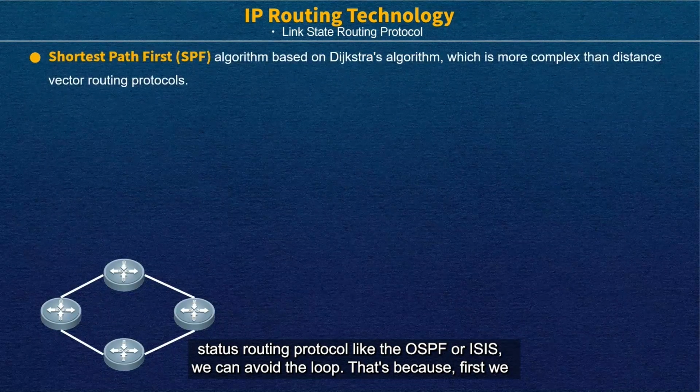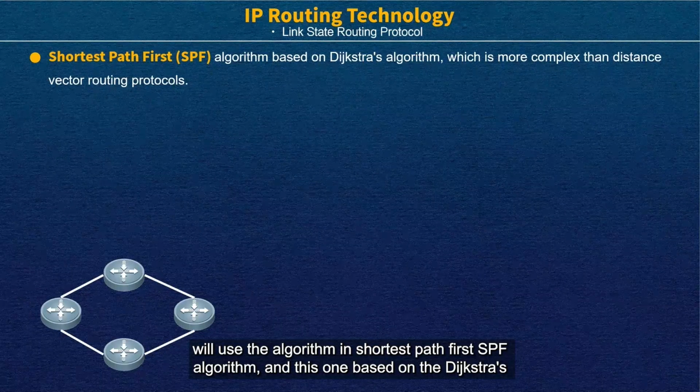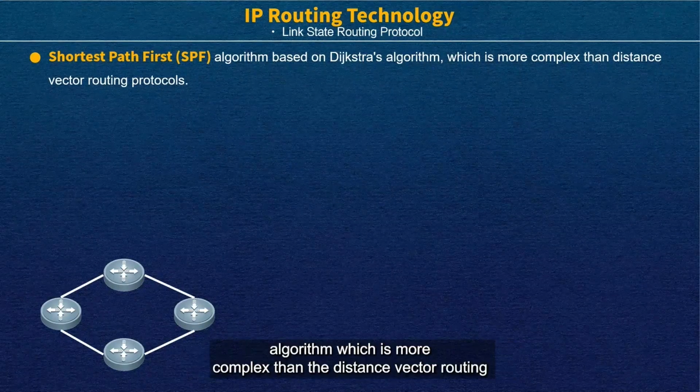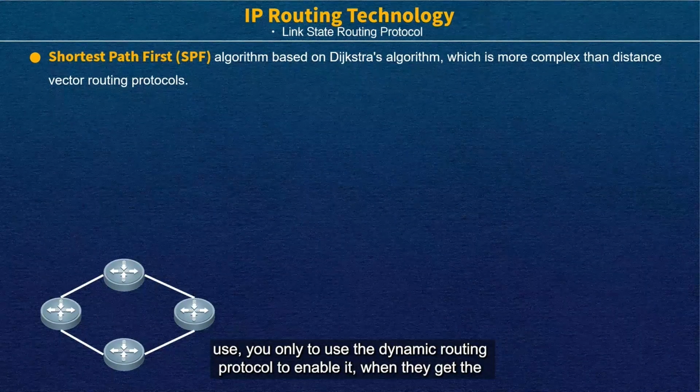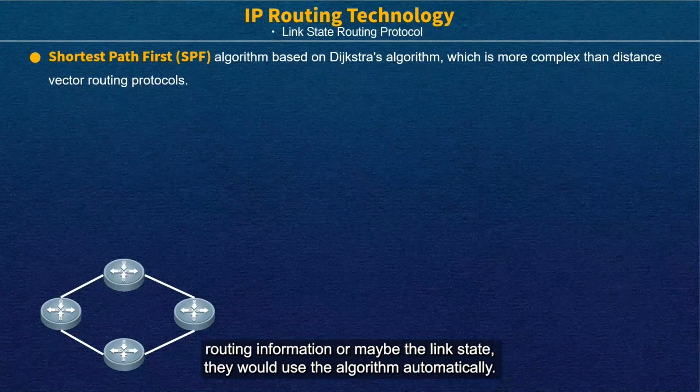That's because first we use the shortest path first (SPF) algorithm, which is based on the Dijkstra algorithm, and is more complex than distance vector routing protocols. Of course, you don't need to configure which algorithm you use. You only need to enable the dynamic routing protocol. When they get the routing information or the link state, they will use the algorithm automatically.